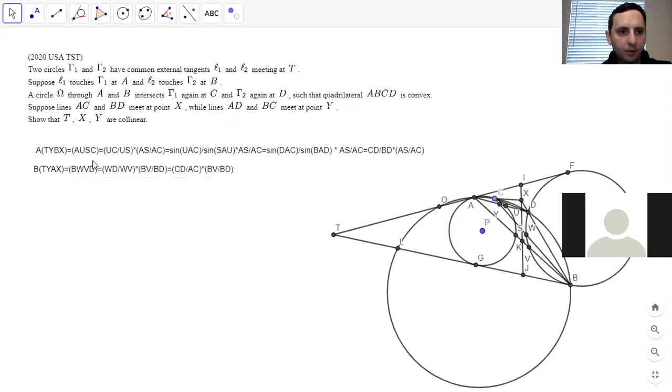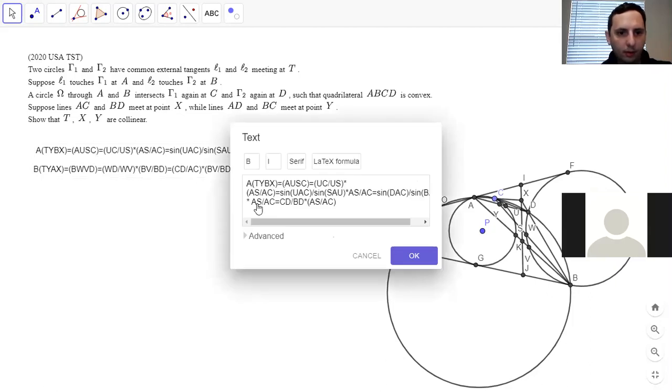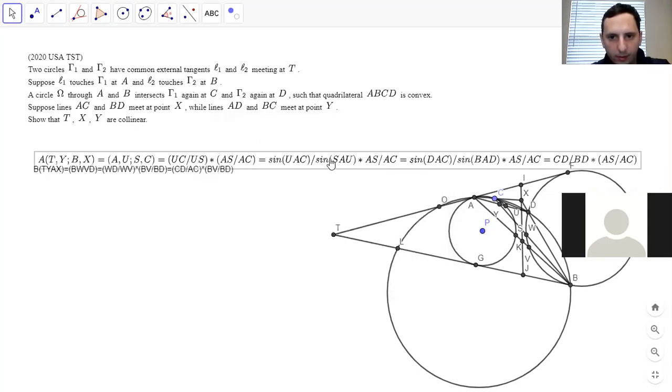All right, so I'm gonna make this look nice now, or as best as I can. Wow, this is a really cool solution. So, all right, so we have that.